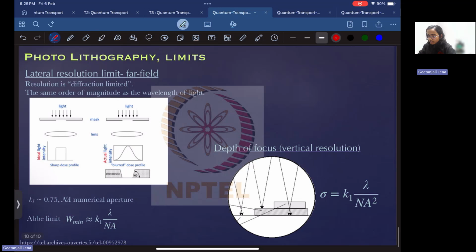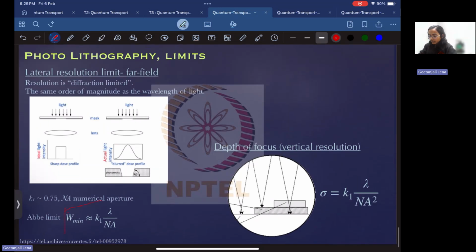Using the Abbe limit, you can find the minimum feature size that we can resolve or pattern on the substrate using projection mode photolithography. The minimum feature size is K1 times lambda by NA, so it depends on the numerical aperture.